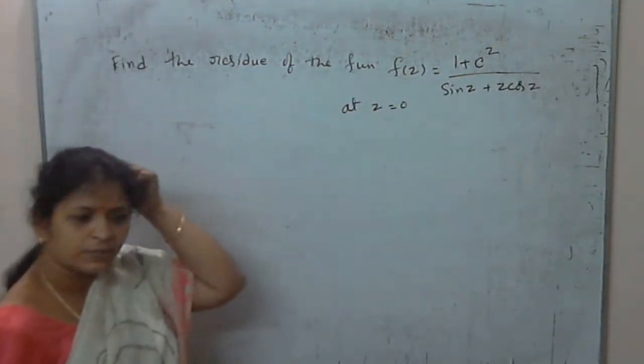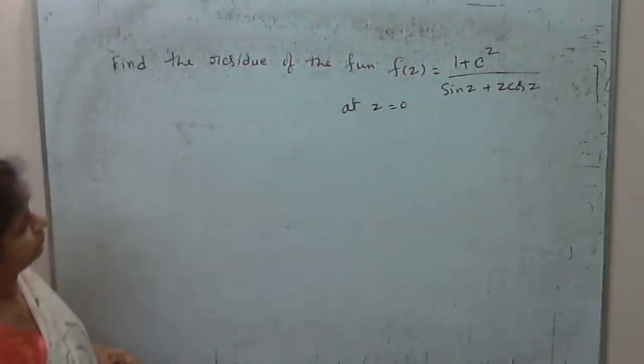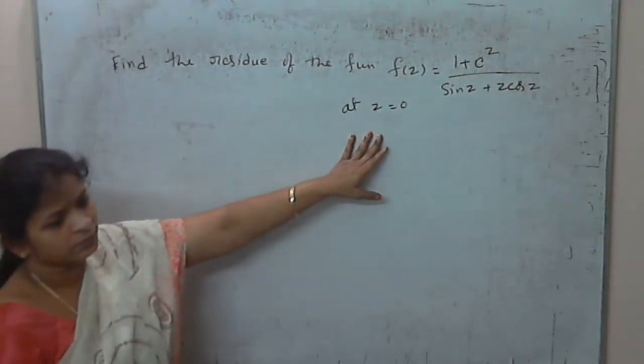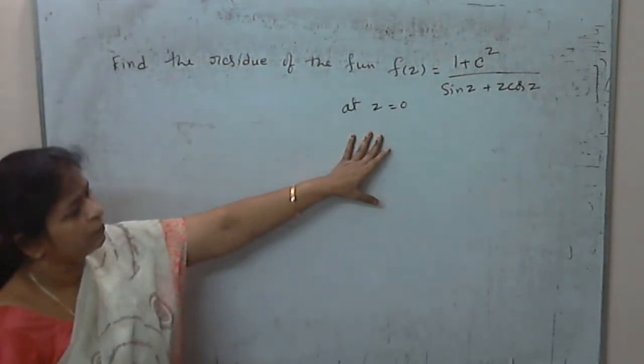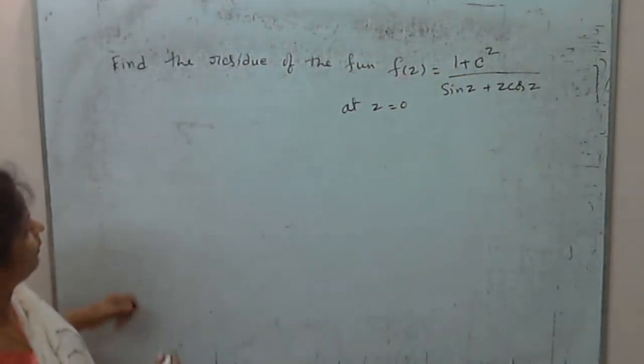So the pole is already given, z equal to 0. So this is a simple pole. There is no order. So what is the formula to find the residue at the simple pole?